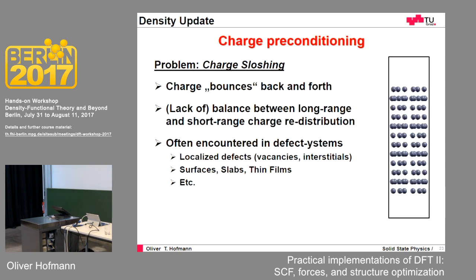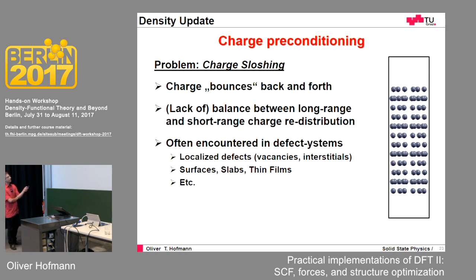Besides the mixing, there is a second part that is especially relevant to band structure codes, and that's called charge sloshing. So what is charge sloshing? Let's assume we calculated our initial guess by a superposition of spherical atomic densities, which means that here the electron density would be the same for all atoms.